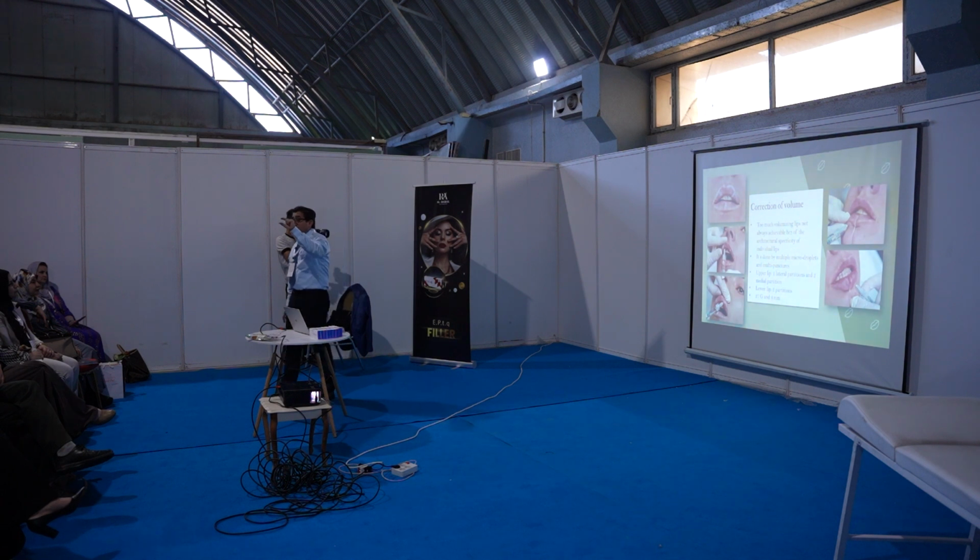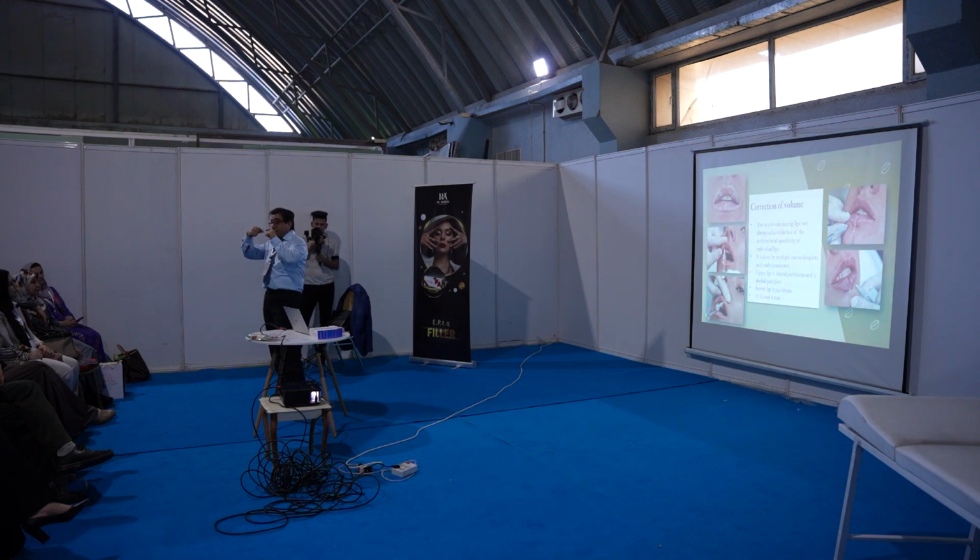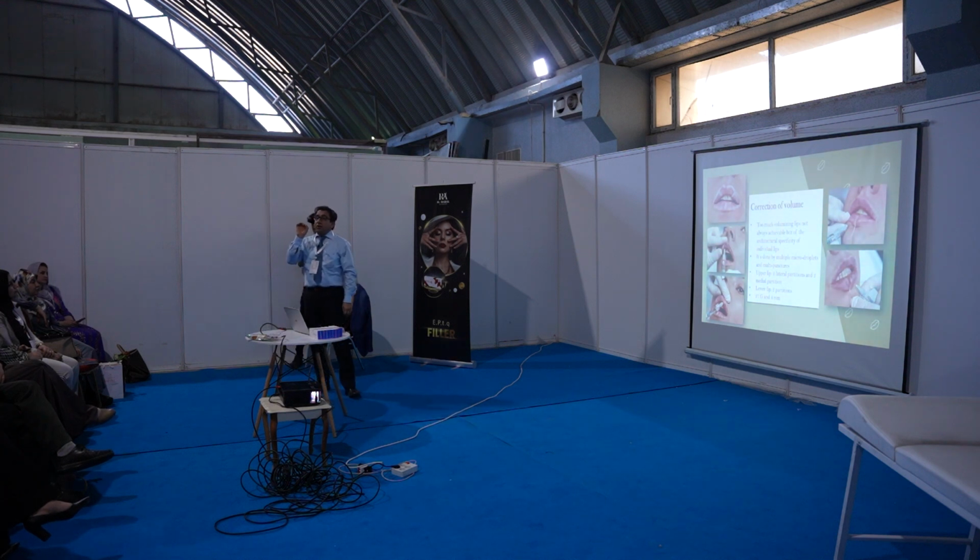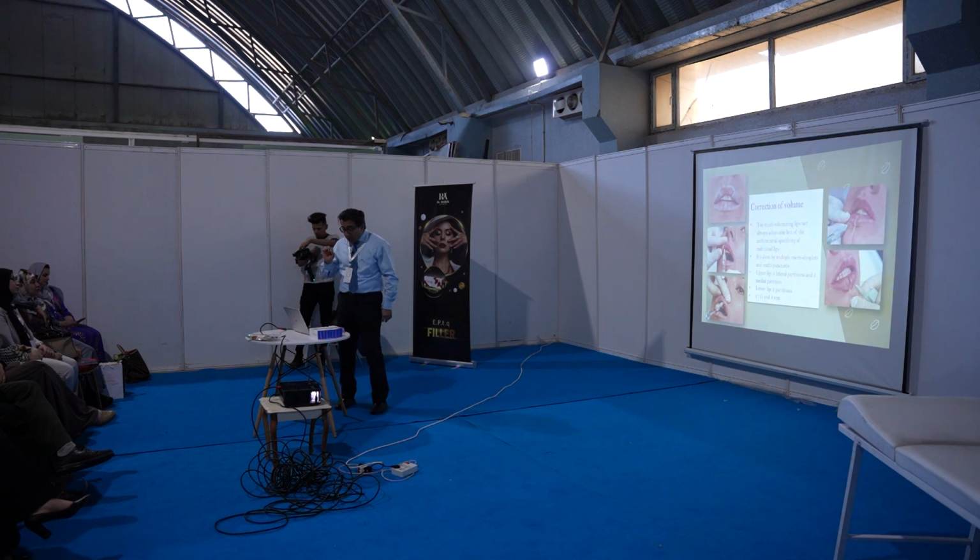Vermilion is the transitional part of the lips from the skin to the mucous membranes, but don't reach too much to the lower part, because the lower part of the vermilion is dangerous regarding side effects. Make punctures with the needle in the middle of this part, and make multiple injections.